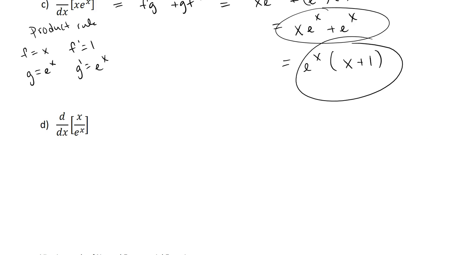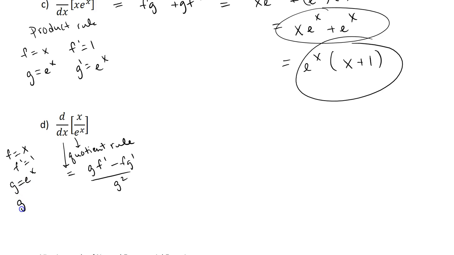Now with this one, you've got two options. You could use the quotient rule, which is what most of you will probably do because it's what you see first. So we know that this would end up being gf prime minus fg prime over g squared, where f is x, so f prime is 1. g is e to the x, so g prime is e to the x.